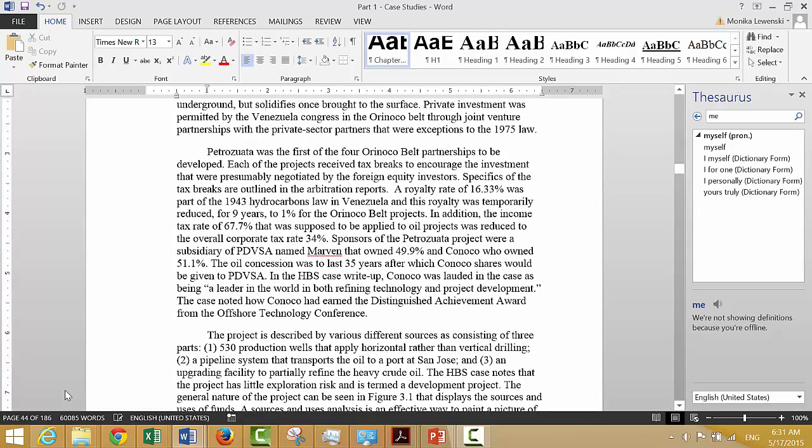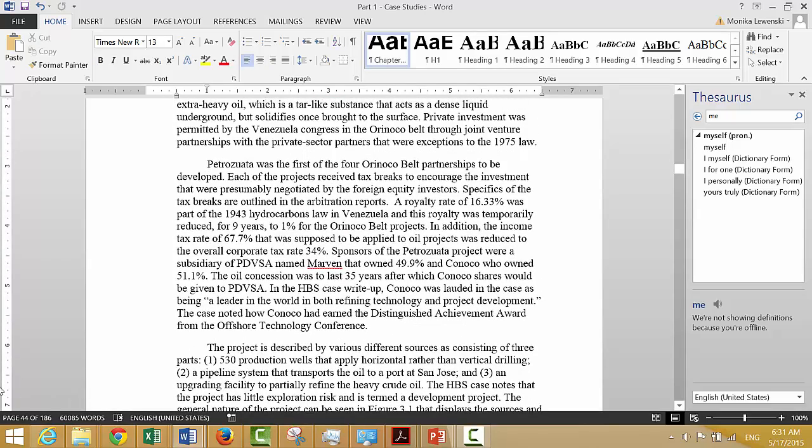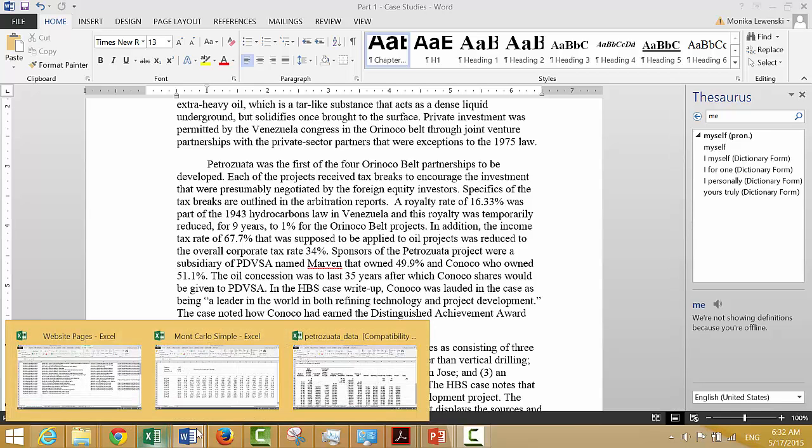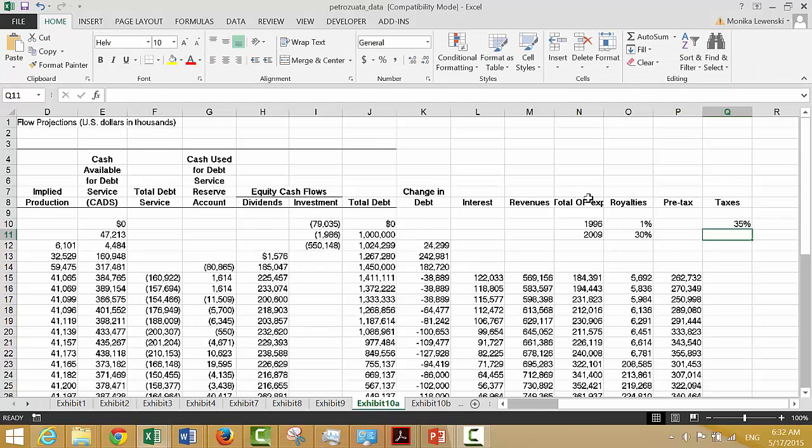Let's see, royalty, 34%. And I don't know if the royalty was supposed to go up to 16.33%. I'm going to put that in. I think that's right. So that's 16.33%, 34%. So our taxes are simply this.